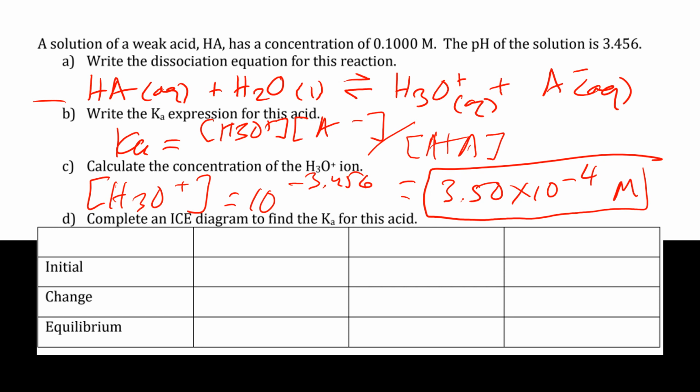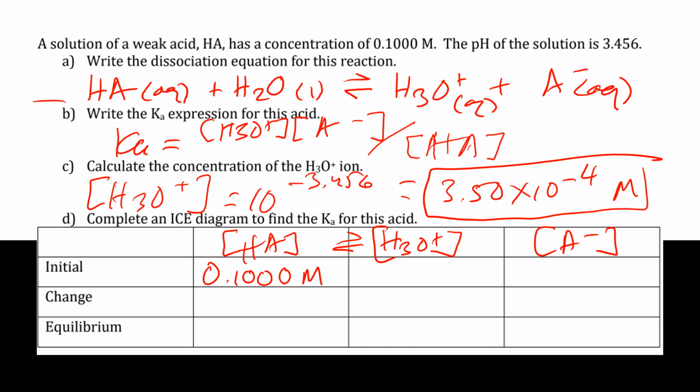So complete an ICE diagram to find the Ka. So the Kw is for water, and Ka and Kb are going to be for acid and base respectively. So you have your weak acid, your double arrow, H3O plus, and the concentration of A minus. So my initial concentration is 0.1000 molar.